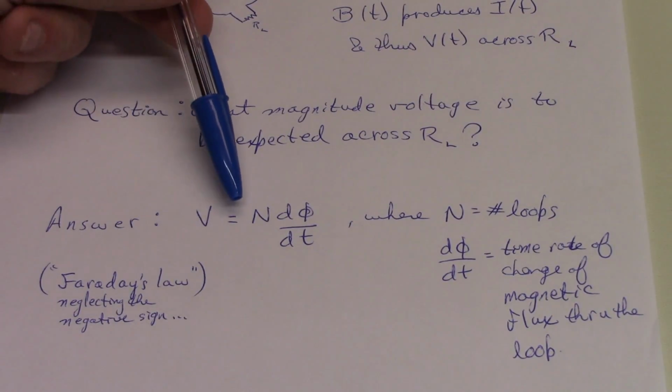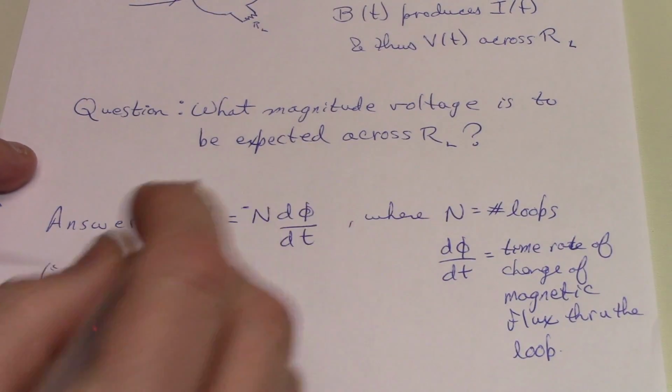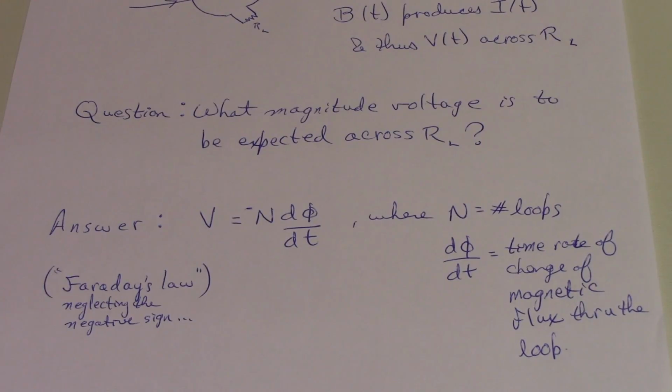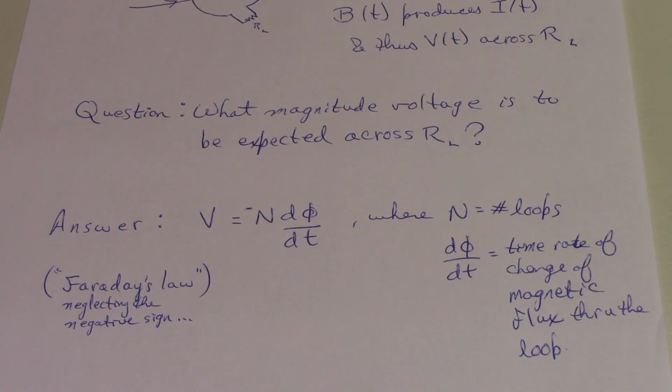Actually, in Faraday's law there's a negative sign that has to do with the directionality of the current and Lenz's law, but we're going to ignore that sign in the calculations that follow because we're not interested in the sign, we're interested in the magnitude of the voltage that we measure.